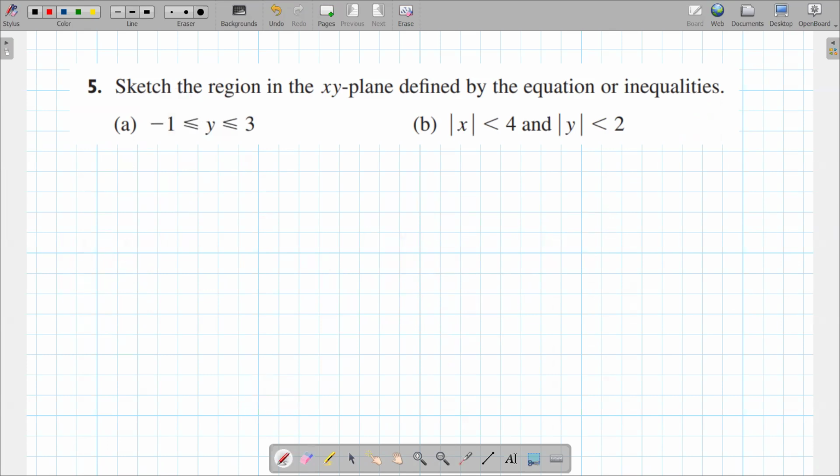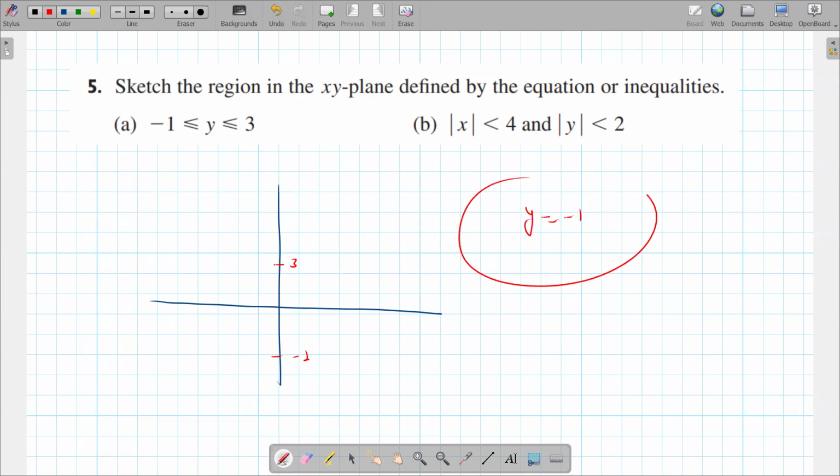So the region is that y is trapped between -1 and +3. So -1 is down here, +3 is up here. How do you graph y equals -1? What does a sketch of this look like? It's a horizontal line that goes through -1.